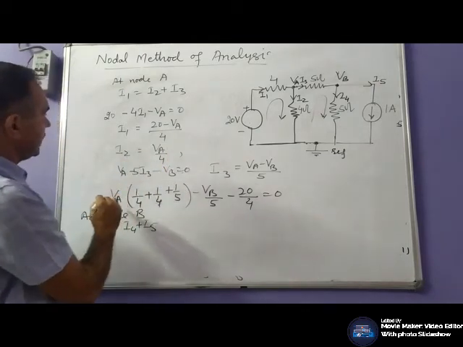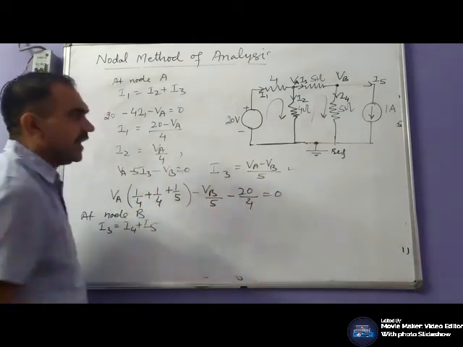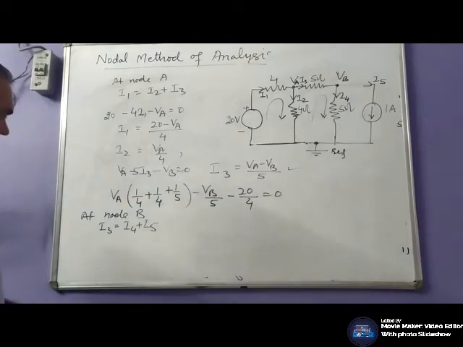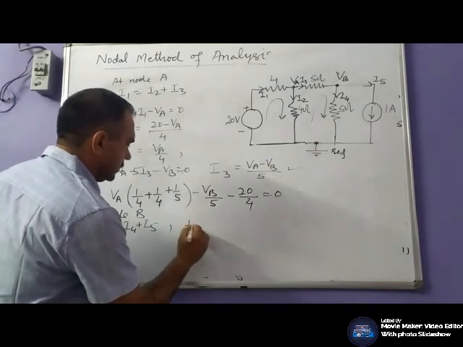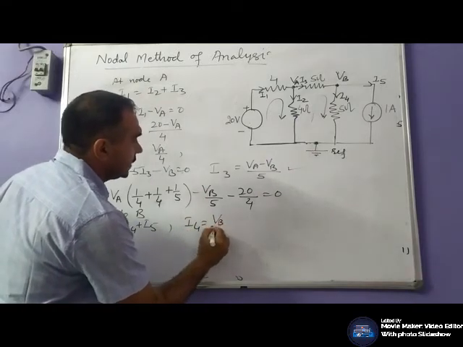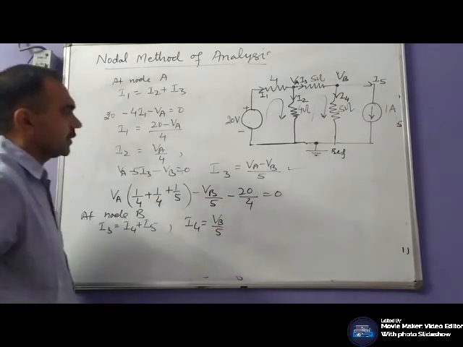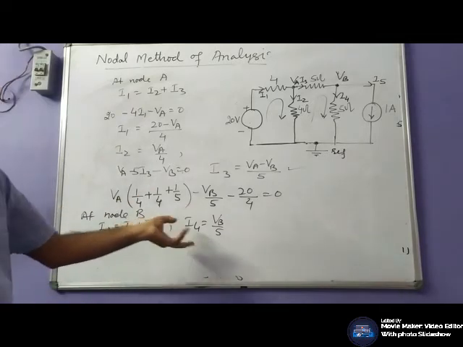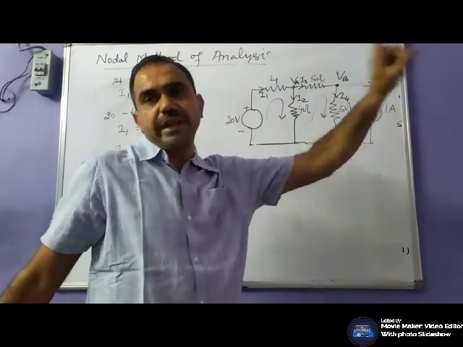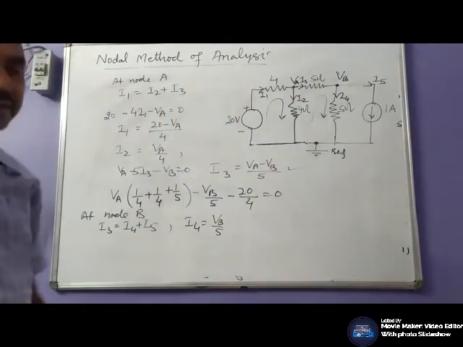This is I3, (VA minus VB) by 5. I4 is VB by 5, and I5 is a current source which is 1 ampere, given. So no issue.